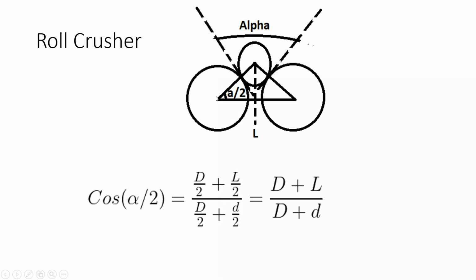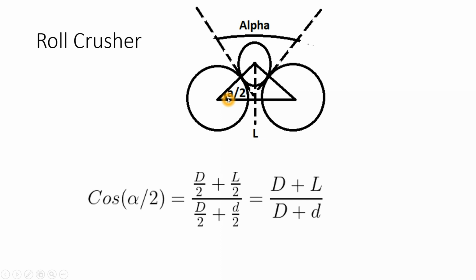Now we will come to this triangle. In this triangle you can see this is also 90 degree. So this angle will be 180 minus 90 plus alpha by 2. From this you will get alpha by 2.